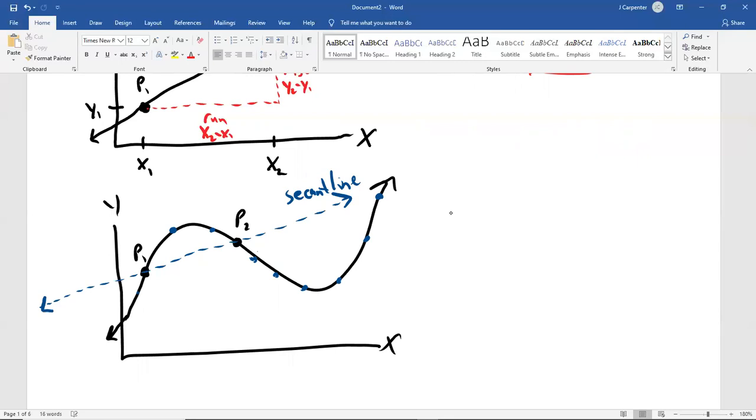Now, there may be some points where like the slope here might be the same as the slope here. There might be some coincidences, but the slopes can all be different numbers. They don't have to match, they don't have to be the same.